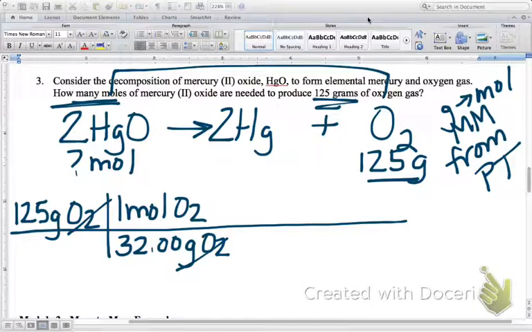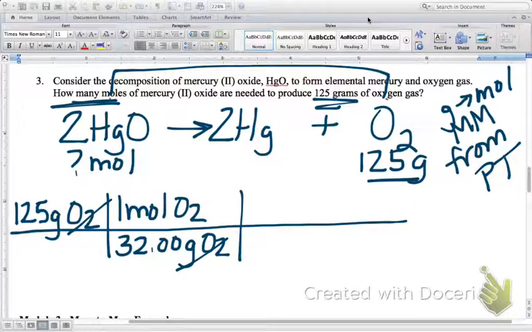The subscripts count in the molar mass, but the coefficients do not count in the molar mass. Subscripts get factored into molar mass. Coefficients do not get factored into molar mass. Okay? So we've converted from grams to moles. Now I can go from moles of one substance to moles of another substance. I can go through the land of the mole.